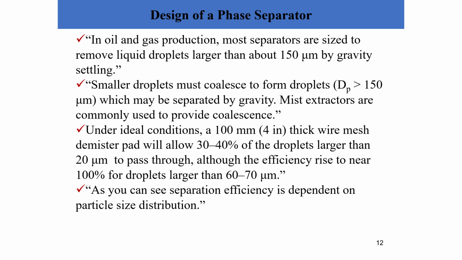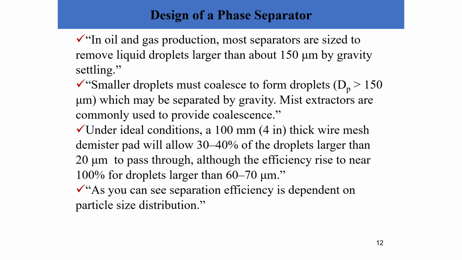If your liquid droplet is less than 150 micrometers, this means that you will need to install what we call the demister or the mesh to improve the efficiency of the removal. And this demister will collect these tiny water droplets, which are less than 150 micrometers, and separate them.